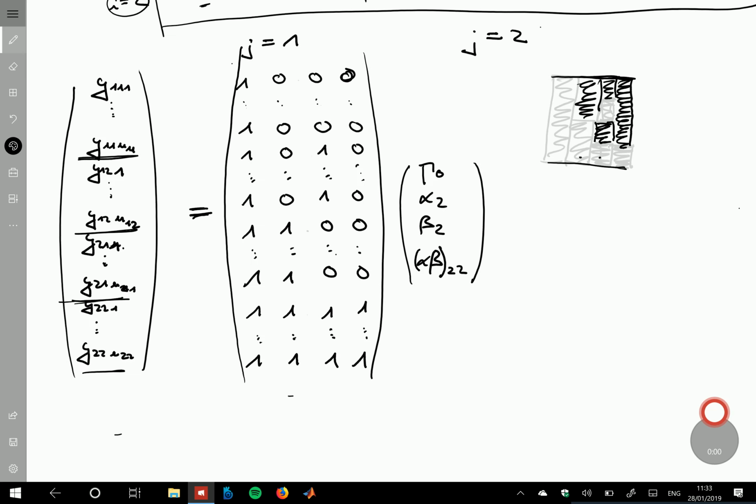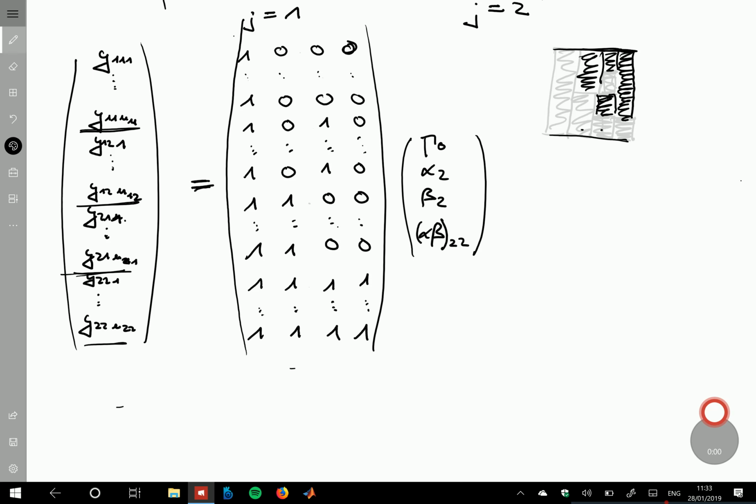Good, but with this, based on the estimates of alpha 2 and beta 2, one can test for significant main effects, and with the estimate of this alpha beta 2, one can test for significant interaction.